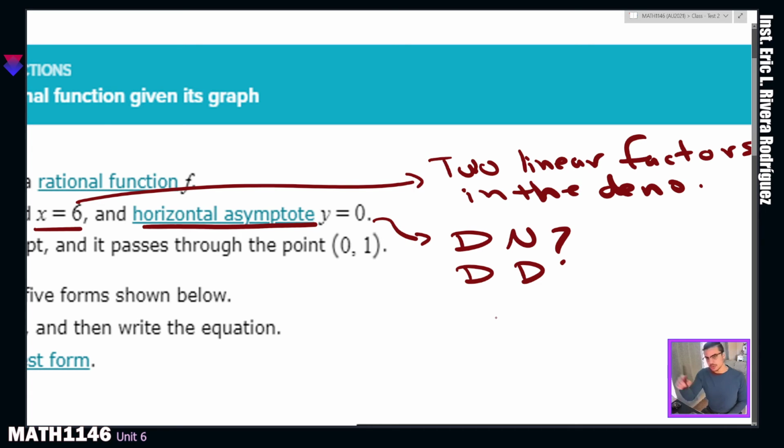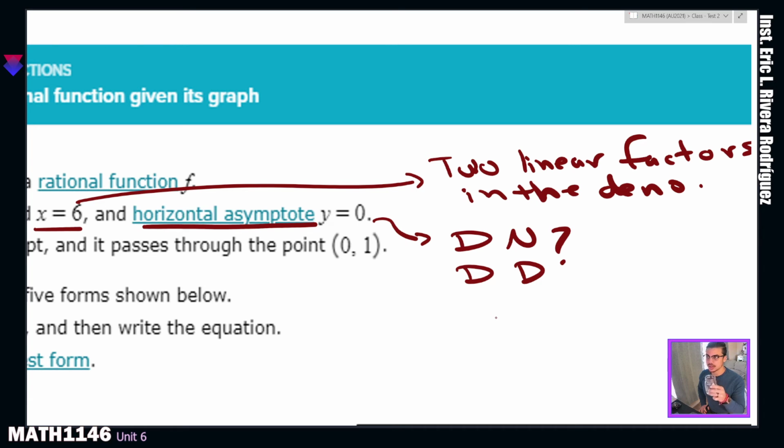Okay. And you need to go back to the cases. When do you have a horizontal asymptote, on which case do you have a horizontal asymptote with y equals 0? In which scenario is that?